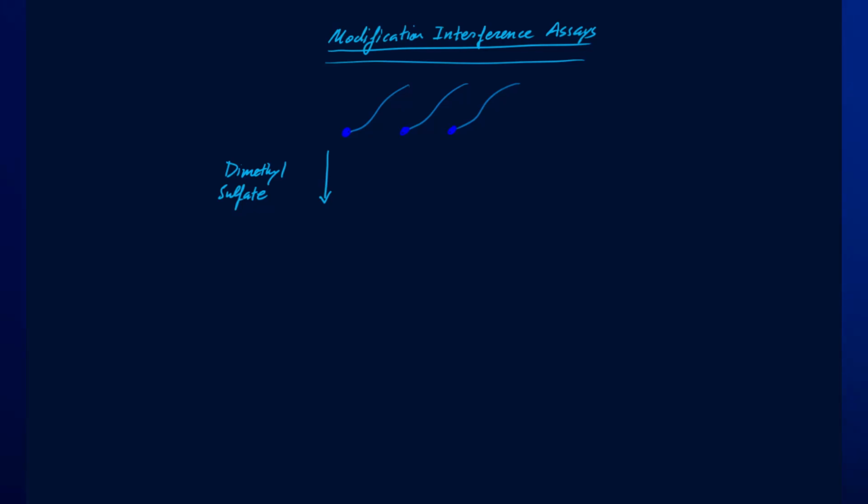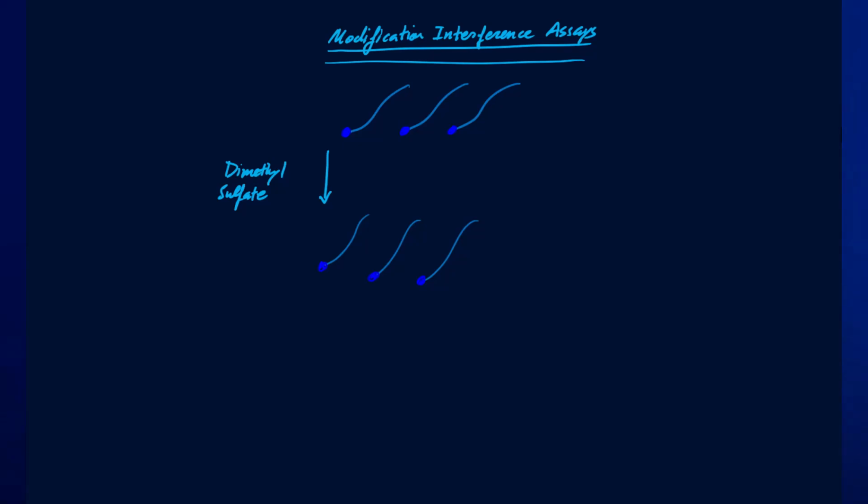If I redraw the end-labeled restriction fragments down here, they are end-labeled, as you can see. And what will happen is that you'll have modified guanines, that is, methylated guanine nucleotides.